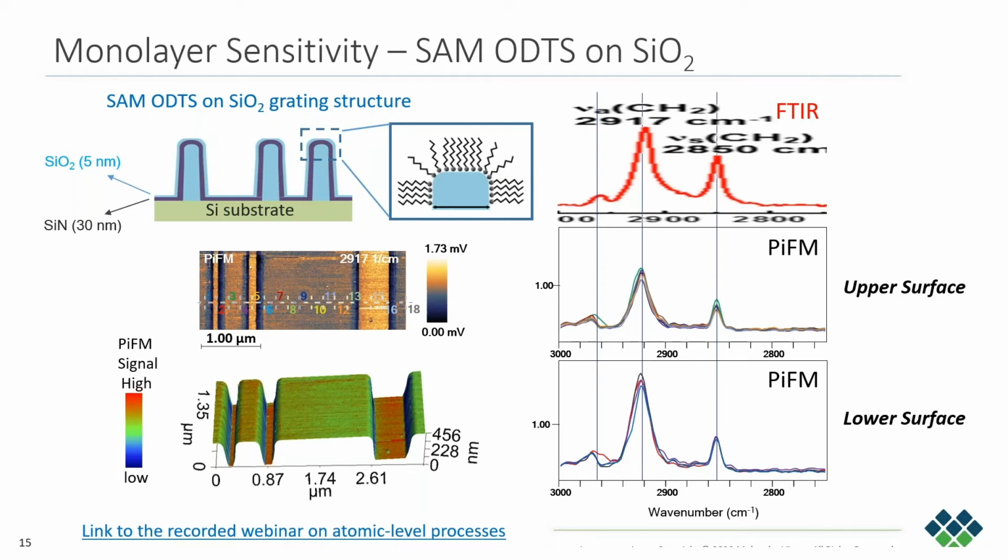You can see very good repeatability among the different surfaces, upper and lower. The lower surface has a much stronger peak at 2917 compared to the upper surface, showing that at the lower surface we have tighter, more dense packing of these SAM molecules. We can attribute that to the difference in the nature of the silicon oxide.